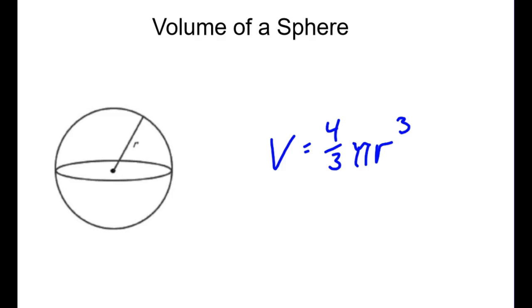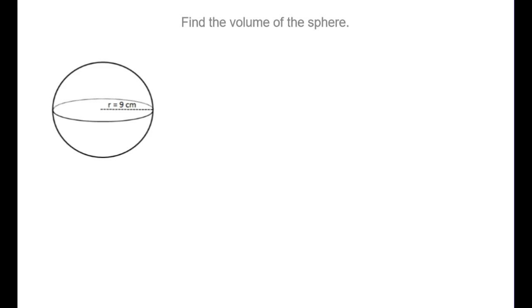The last three-dimensional shape we're going to talk about in this lesson is the sphere and the volume of a sphere. The volume is equal to 4/3 times pi times the radius cubed. So when dealing with a sphere, the only thing you need to know is the radius. Trying to find the volume of this sphere, we have a radius of 9. Using the formula, the volume is equal to 4/3 times pi times our radius, which is 9 cubed.